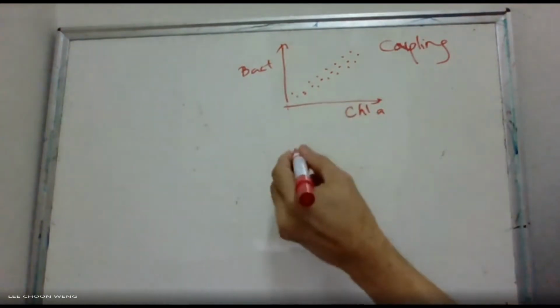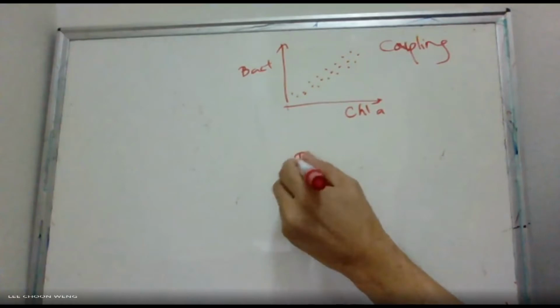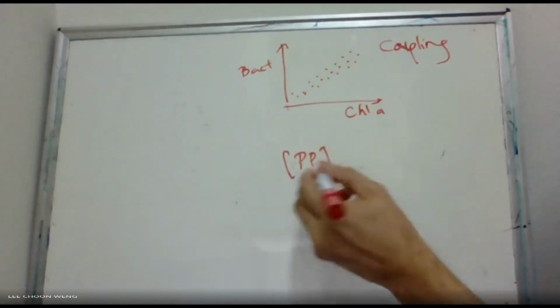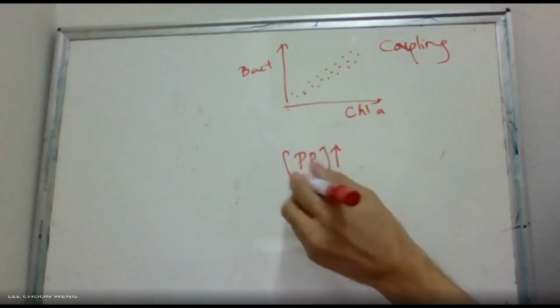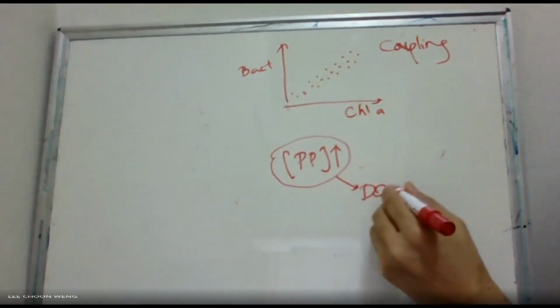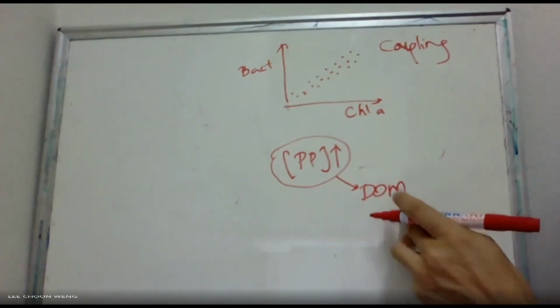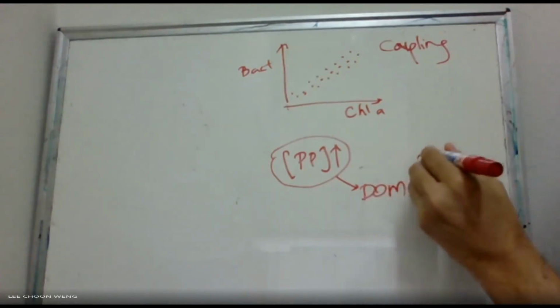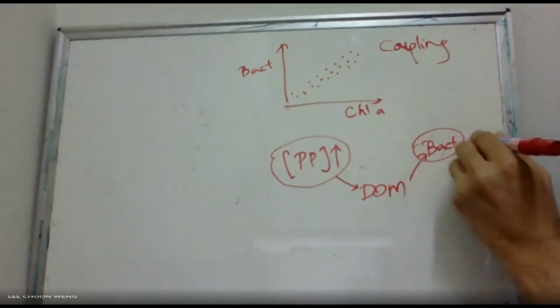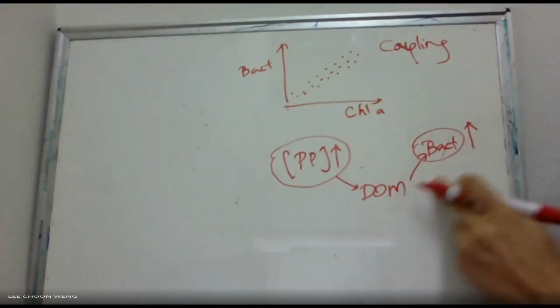This should be the case because if the primary producers increase, that means there is more primary production. Okay, that means there's more contribution to dissolved organic matter, and that means the bacteria will also increase because there's more food for the bacteria.